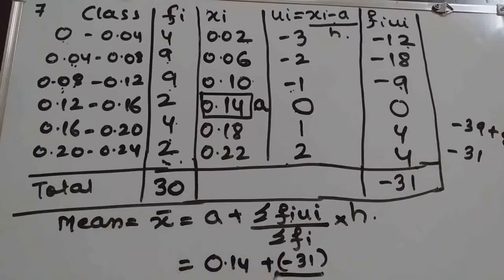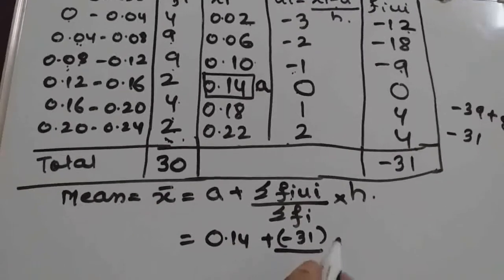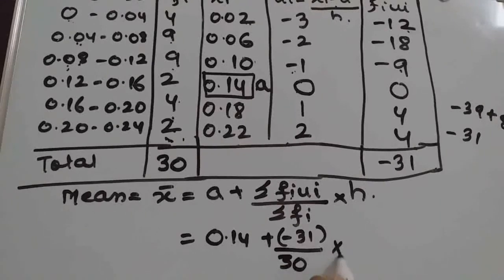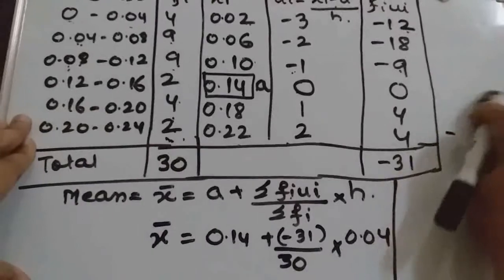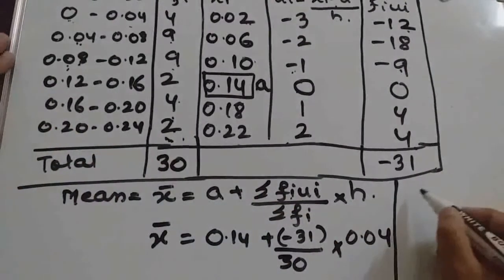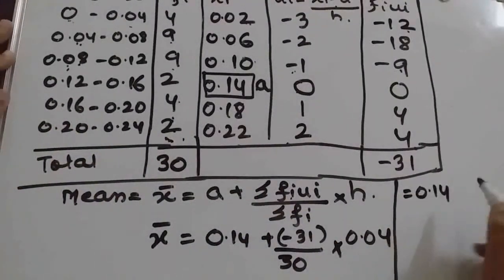Sigma Fi is given as 30. h is 0.04. So how can we find the mean for this? 0.14 minus 31 by 30 into 0.04.